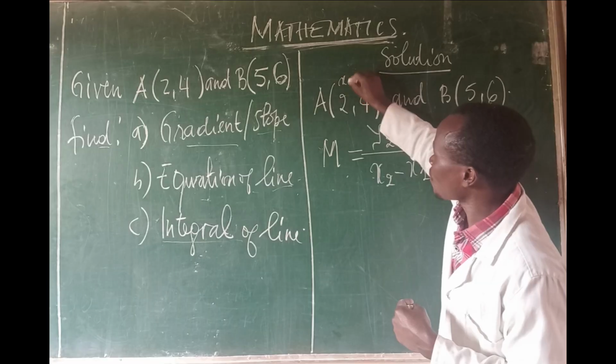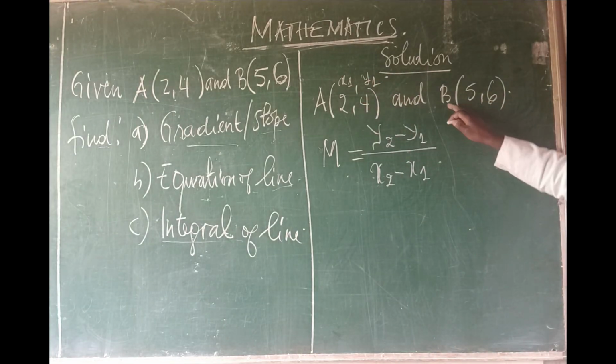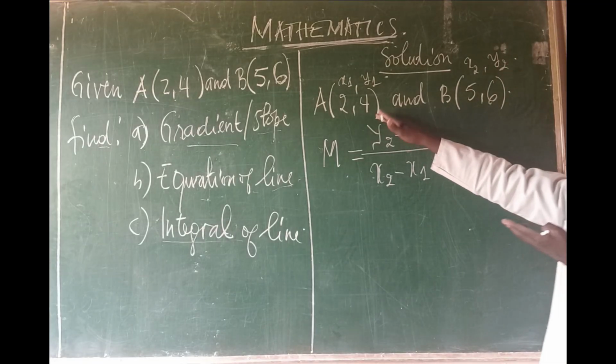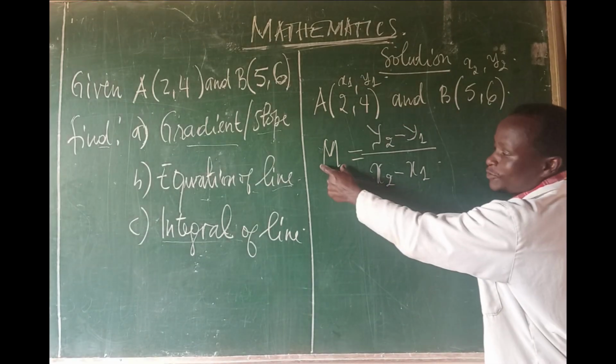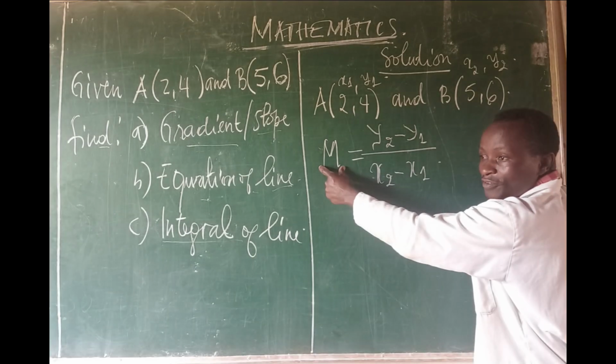Secondly, point B is where we find x2 and y2. Right? So now we are going to use these 2 points in our formula, and finally we should get the gradient. Understand? Thank you very much.